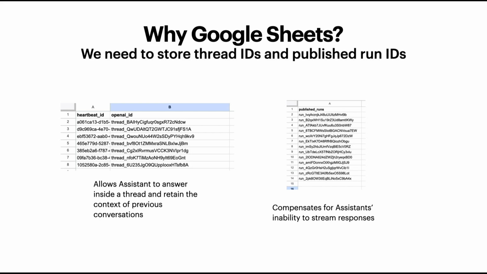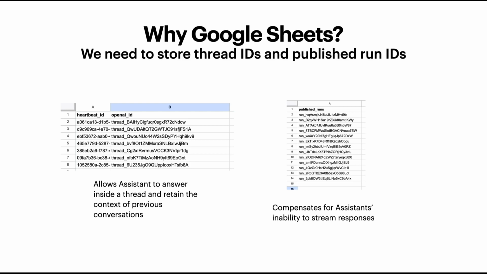So that's why we're going to make things a little bit more complicated and spend a few more Pabbly operations, but we're going to give users the best user experience that we can. So this is what we're going to do, because we need to keep track of all the threads that are being created in Heartbeat and all the corresponding threads that are being created in OpenAI. We just need a mapping table that will match one ID to the other.